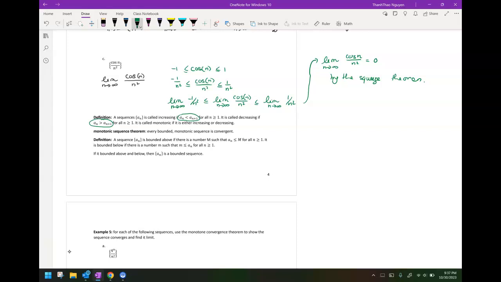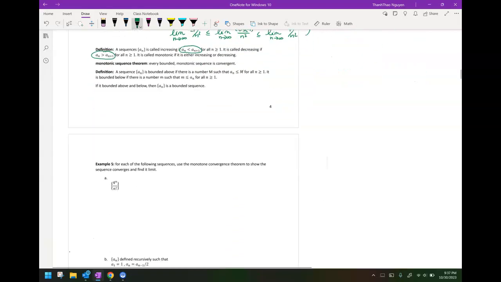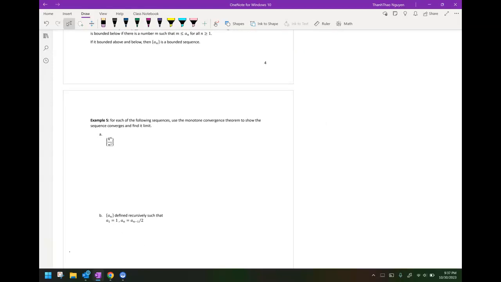If it's bounded above and below, then the sequence a sub n is a bounded sequence. Okay. For each of the following sequences, use the monotonic convergence theorem to show the sequence converges and find its limit.